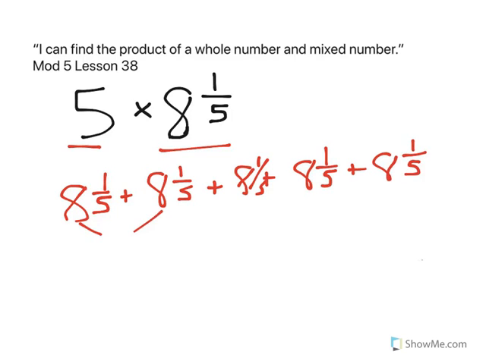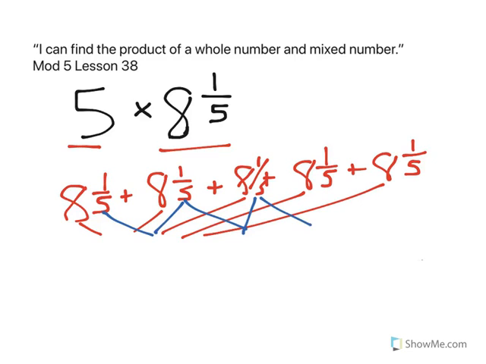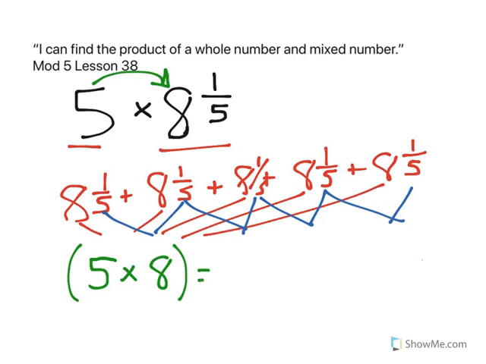So I can add all of my whole numbers together first. So 8 plus 8 plus 8 plus 8 plus 8, and then I could add all of the fractions together to get a total. For me, it's a little bit easier to do multiplication, so I'm going to write it out here below. So 5 times 8, because remember, we're distributing the 5 to the 8, equals, not 35, 40.